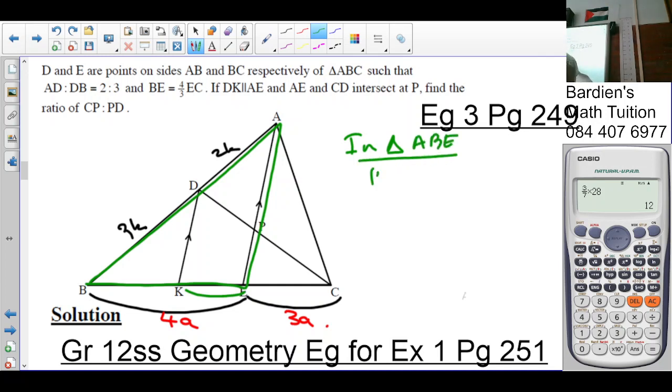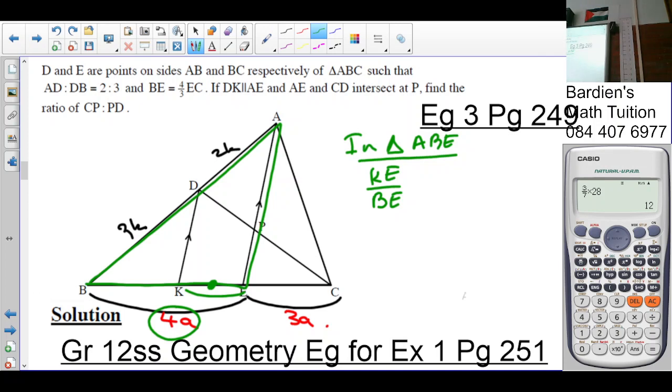We're going to say KE over, are we going to go KB or CB? KE, which is this here, yes, that's what I want to calculate, over why BE and not BK? Because I have this length here of 4A.